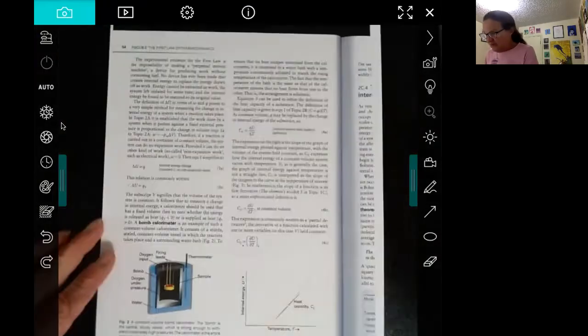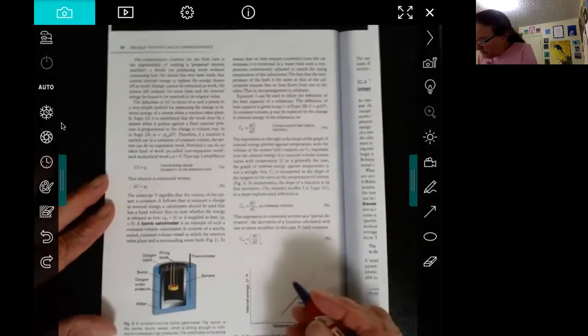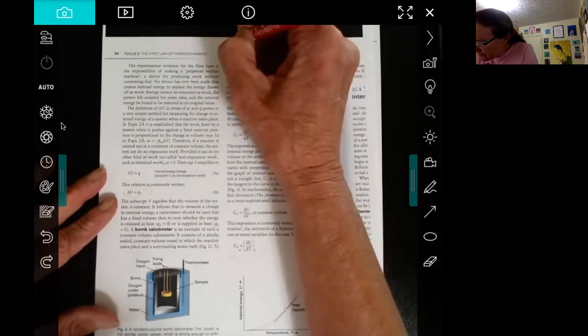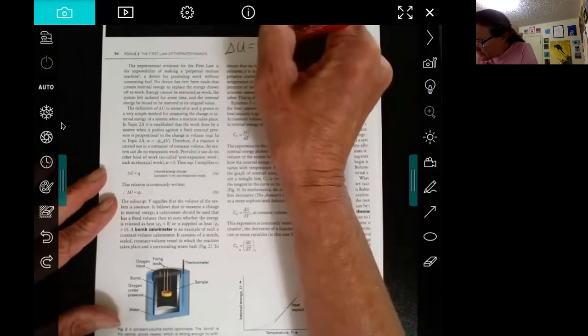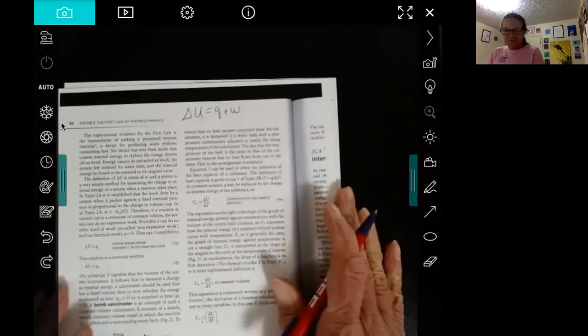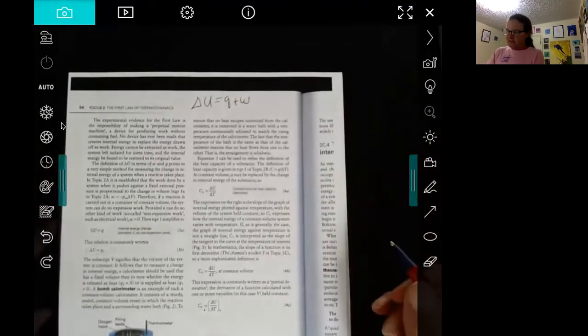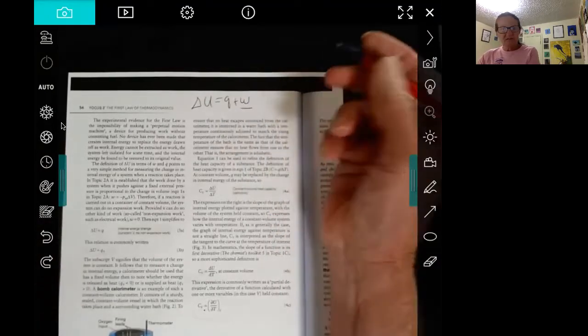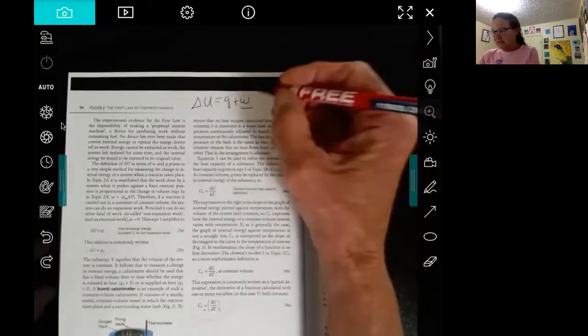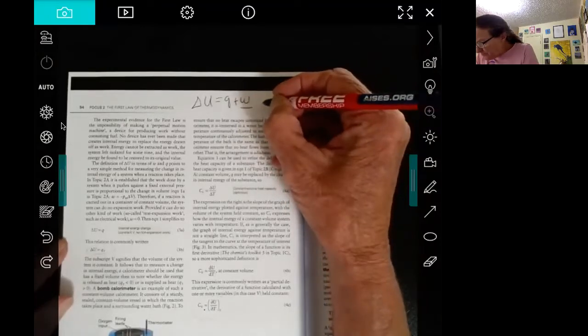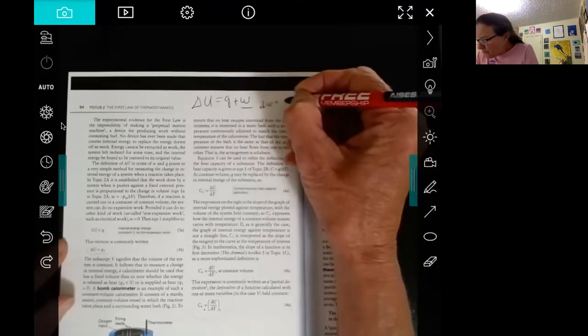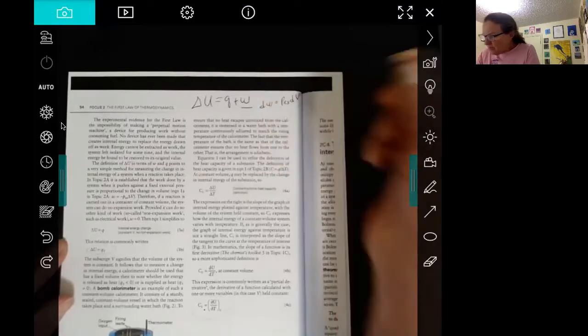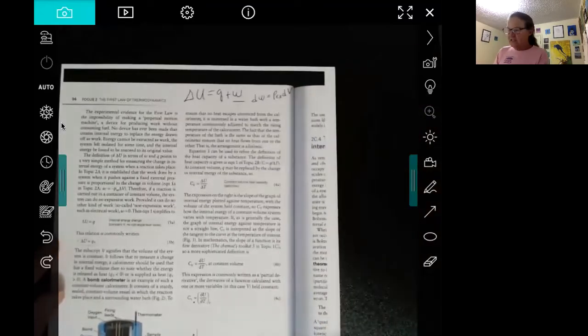So if delta U equals Q plus W, and if you carry out the process at constant volume, and the only kind of work is expansion work, you don't allow any electrical work or anything else, at constant volume, work is proportional to dV.